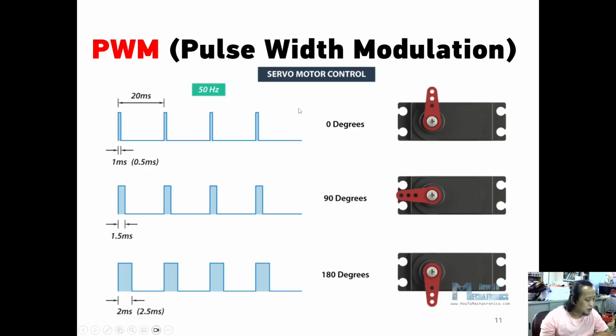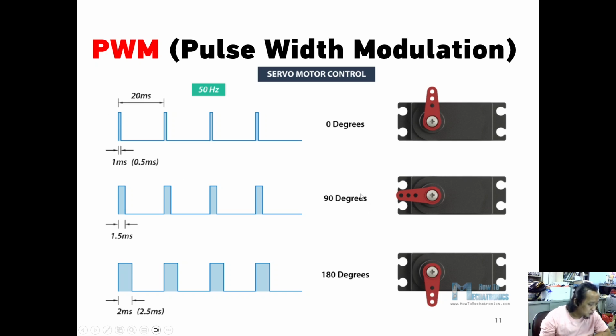And for the servo motor, we can see in here, if the on time is only 1 millisecond or 0.5 millisecond, the servo will move to 0 degrees. This is 20 millisecond or 50 hertz.